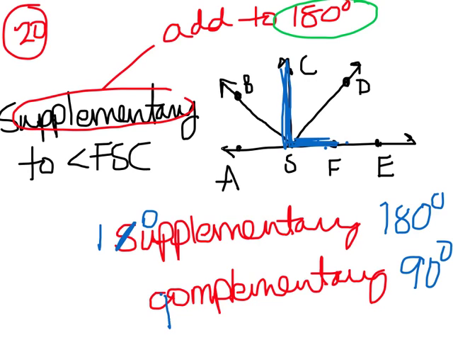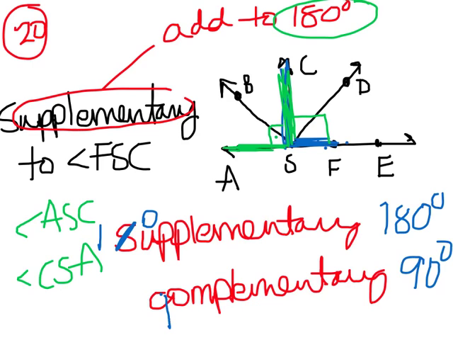Sometimes if they're right side by side, like this one is, we even call them linear pairs. So this one would be a linear pair here because it's also 90 degrees. This one was 90 and that one's 90. So the answer to that one would be angle ASC, or you could call it angle CSA. If you're using the multiple choice there, it's ASC is how they write it.